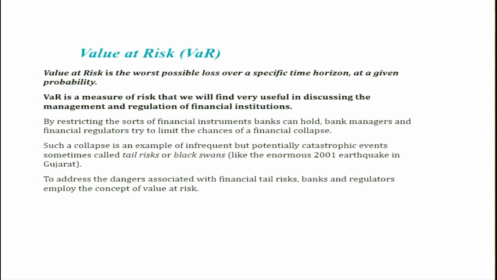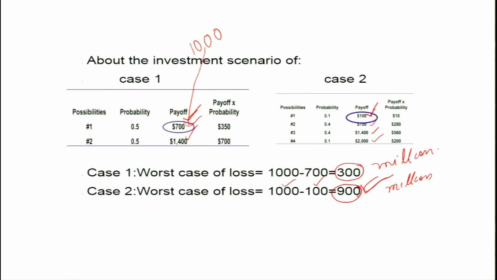Value at risk is the worst possible loss over a specific time horizon at a given probability. In this case, this 900 is the value at risk. Using value at risk, we can see that case 2 is worse than case 1, because the maximum loss is 300 in case 1 but 900 in case 2.